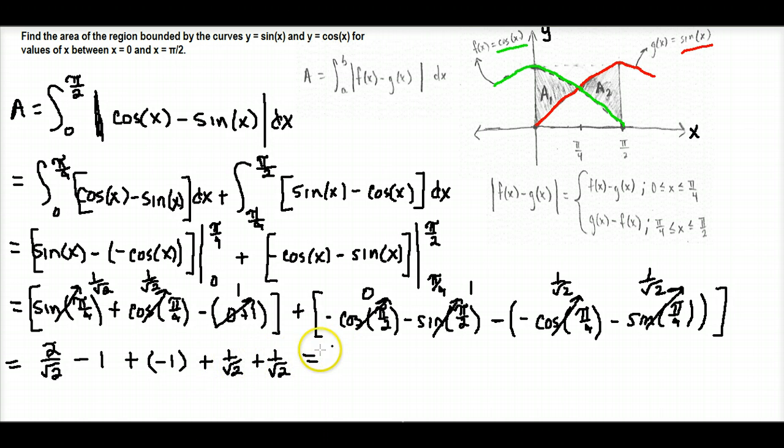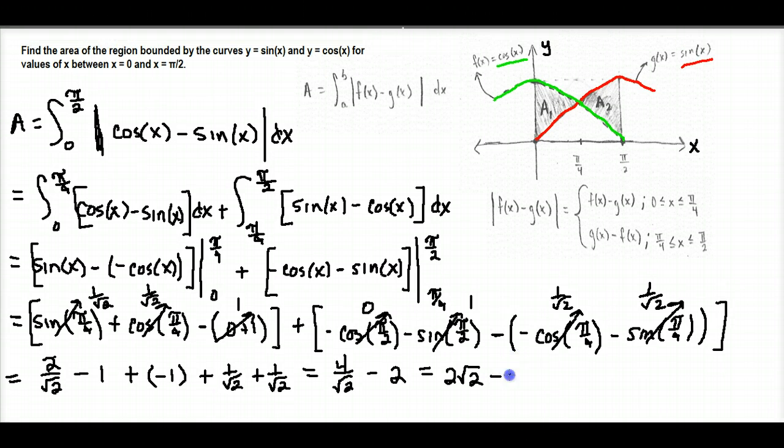So it looks like we got 2 of these again. So we got 4 over square root of 2 minus 2. And if we simplify the 4 over square root of 2, it'll just end up giving us 2 root 2. And so this would be in square units.